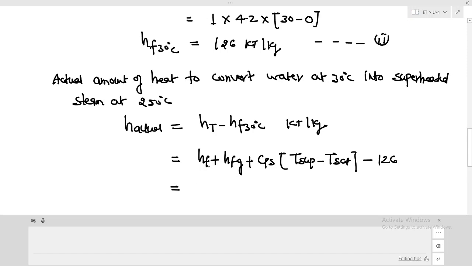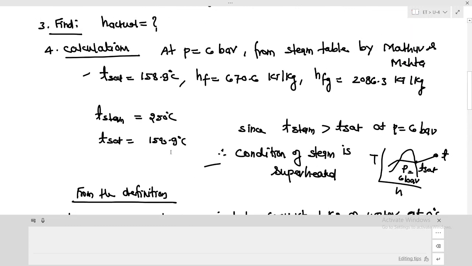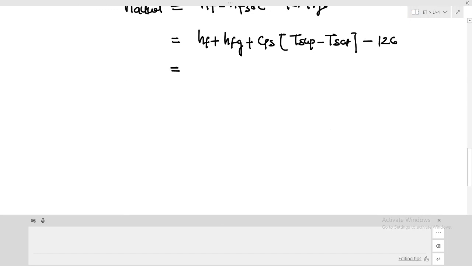Now I have all these values: Hf is 670.6 kilojoule per kg and Hfg is 2086.3 kilojoule per kg. So putting all these values in, the specific heat of superheated steam is already given in the problem.